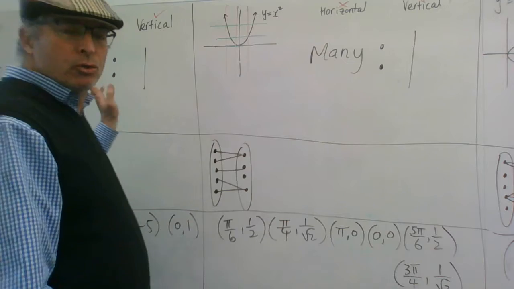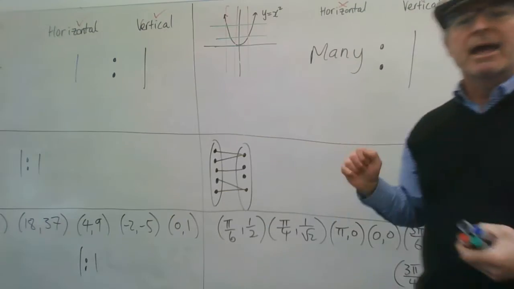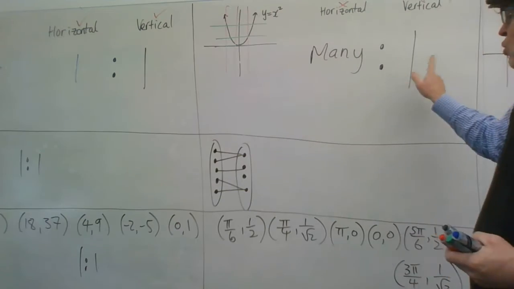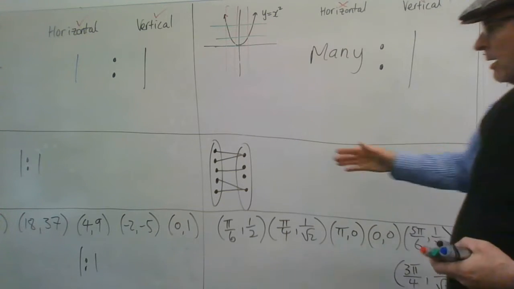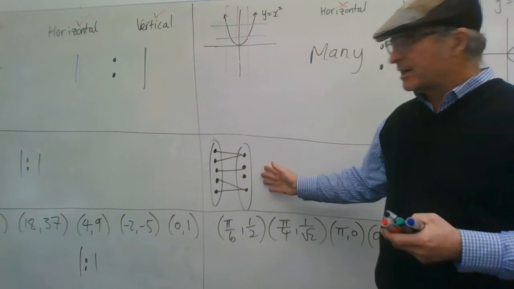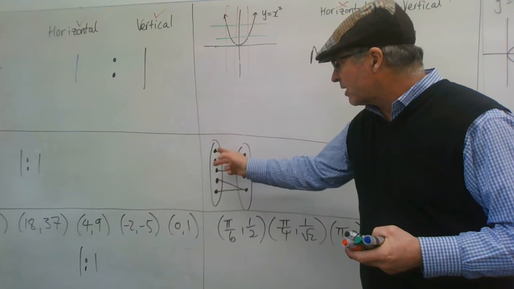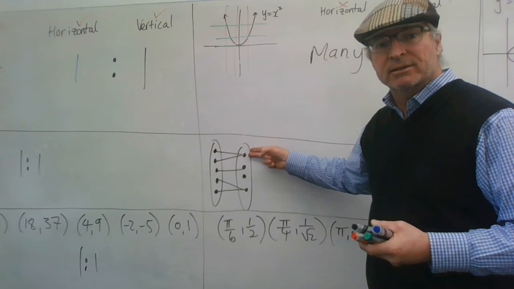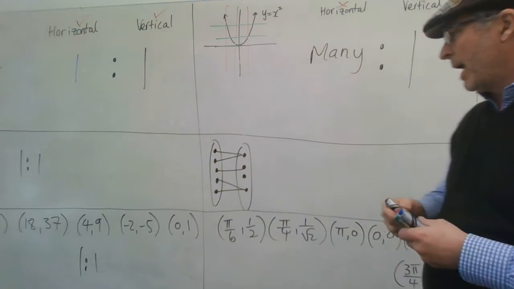So these first two relations that I talked about are both functions because they're to 1. And if we look here, we can see that many of these guys are going to one of these guys. So it's a many-to-1.